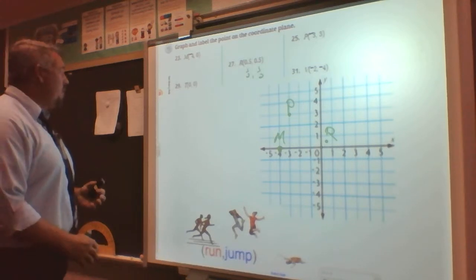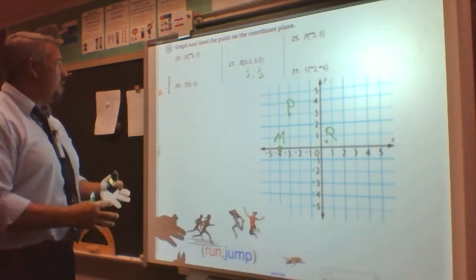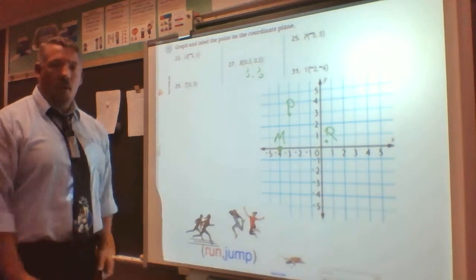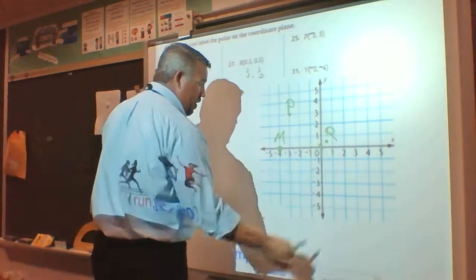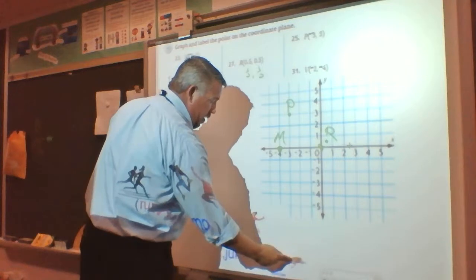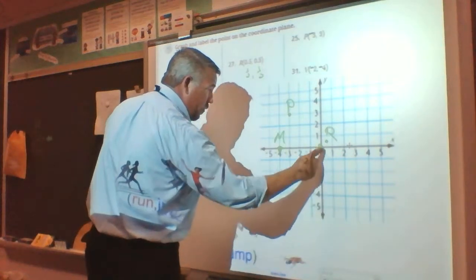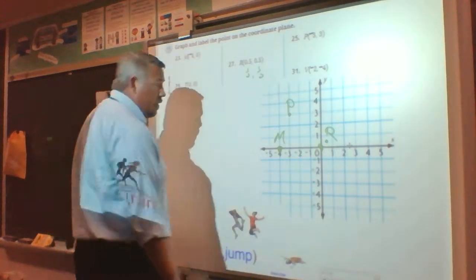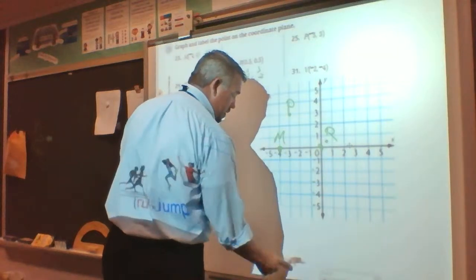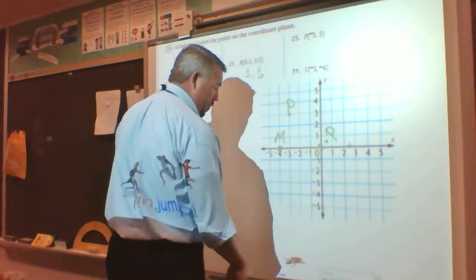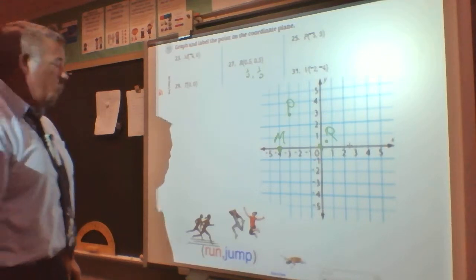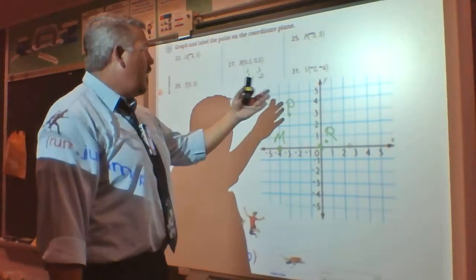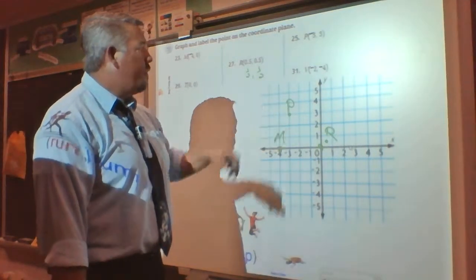On my last two then, I have 29. I have 0, 0. It's pretty easy, isn't it? 0, 0 is right here in the center. Remember, that's where my origin dog was sitting before. So he would go right there in the center of my box if I could drag him up, which he's not going to let me. So then on my last one, I have a -2 and a -4.